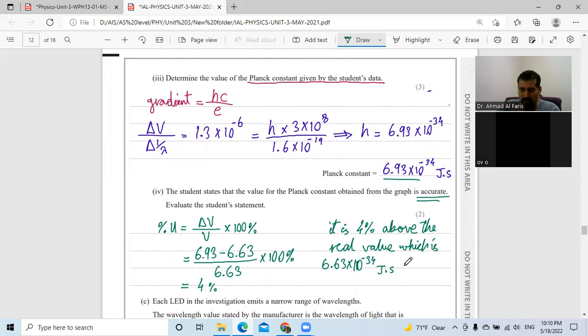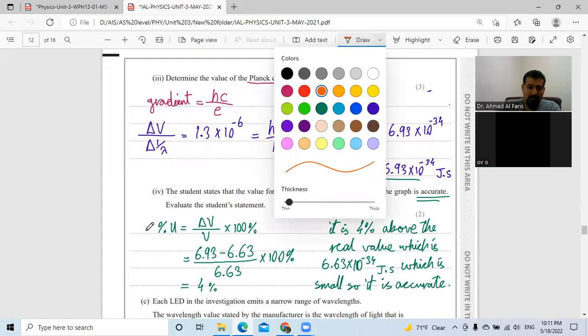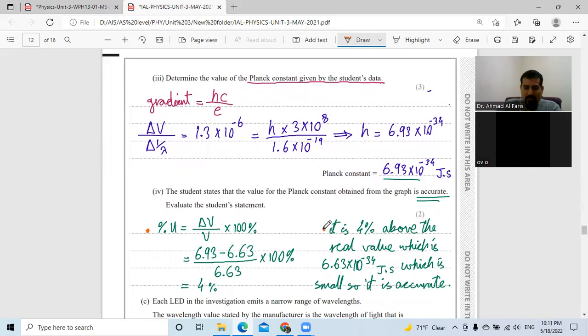Which is very small. So it is accurate. Any value less than 5%, we assume it's a small percentage uncertainty. Okay? Good?